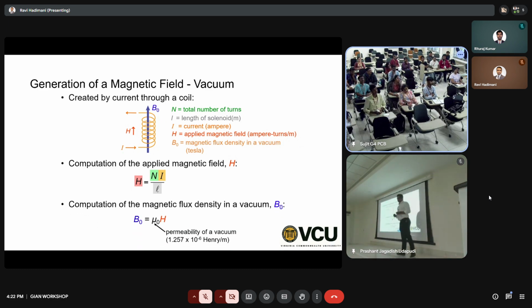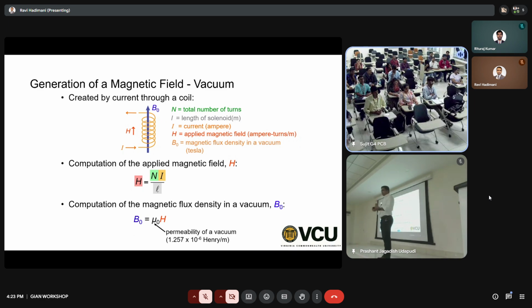Now let's come back to the B parameter, that is the flux density. B is normally generated within a material. So if you go inside or close to a magnetic field, any material, even our tissue, responds to it. It's like the equivalent of voltage. If you apply a voltage to an insulator, current doesn't flow.